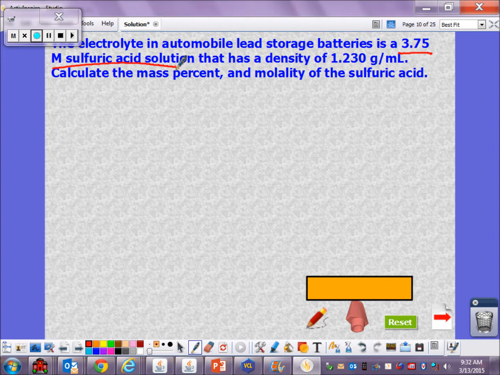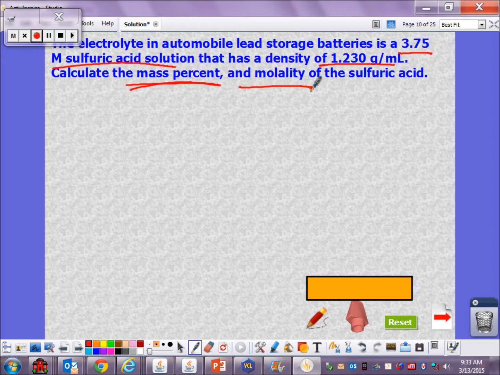That has a density of 1.230 grams per milliliter. They ask you for mass percent and molality. This is very typical in free responses. This is a little bit more challenging.